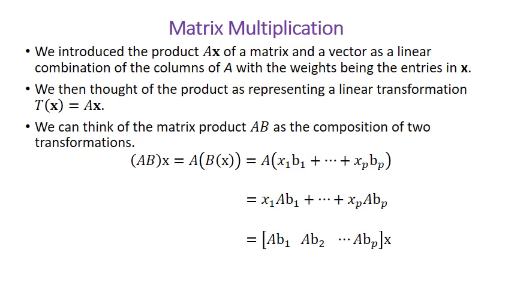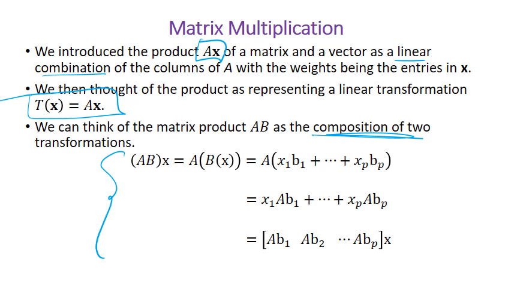So in the past, we introduced the product AX of a matrix and a vector as a linear combination. Then we thought about it as a transformation. And so now what we're going to do is think of it in yet another way, which is the composition of two transformations. And it is illustrated here.